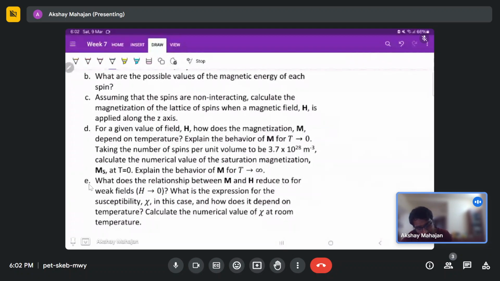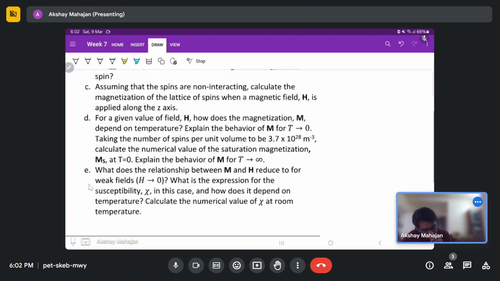As we have seen from this part, you get the average m from your partition function, and the total magnetization will be n times this average m, and this small n is given to you in the D part. So just put it there and find your saturation magnetization, because the saturation magnetization will be n times the average m.